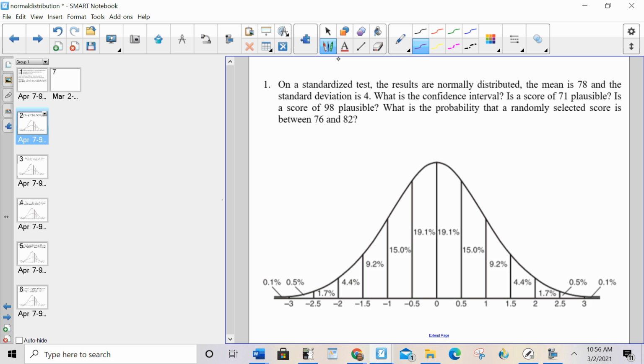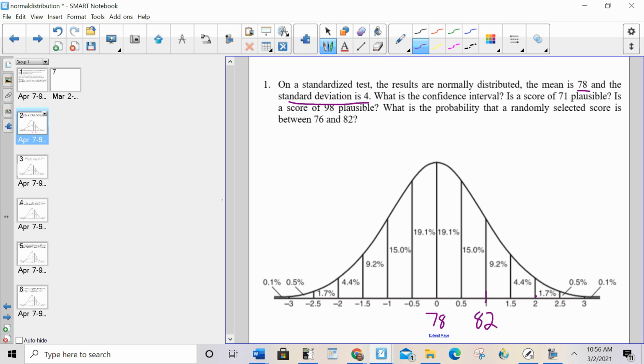On a standardized test, the results are normally distributed. The mean is 78. So the mean goes at 0. And the standard deviation is 4. So if the standard deviation is 4, that means to get to 1 standard deviation above, I'm going to do 78 plus 4, which is 82.